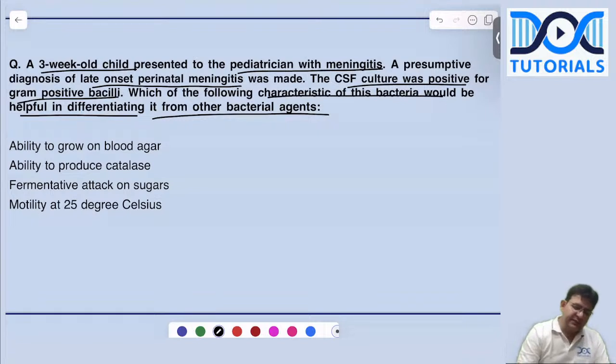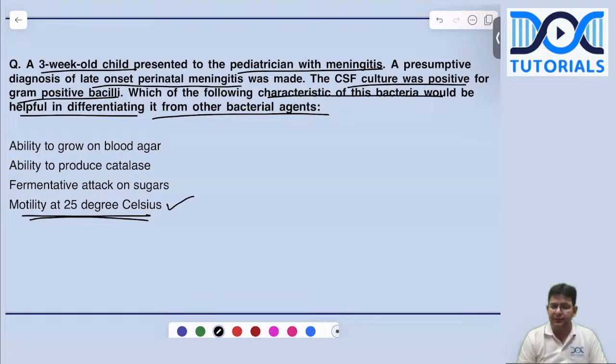Answer is D, guys. Motility at 25 degrees is a unique property of Listeria and very few others. So obviously, this will be the important one to differentiate. But the CSF culture was positive for gram-positive bacilli.